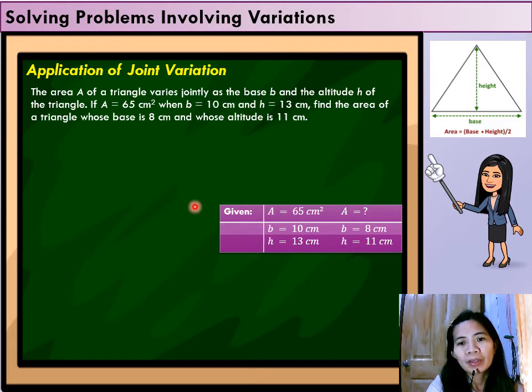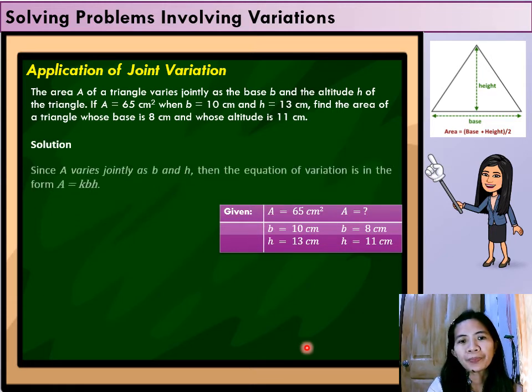Okay, so we are going to find the area if the base is 8 centimeters and height is 11 centimeters. This is an example of joint variation because the area varies jointly with the base and height of the triangle. So, solution.